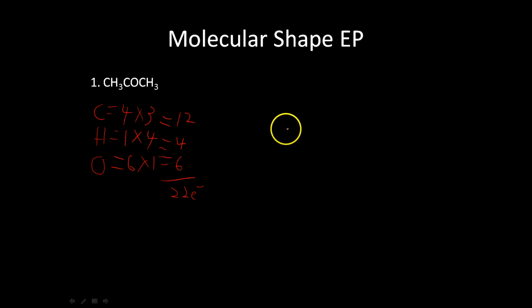Now we start drawing the Lewis structure here. Remember, the rule is that carbon will always have 4 bonds and oxygen almost always has 2 bonds. So looking at this, we see that carbon's bonded to 3 hydrogens, which is bonded to another carbon, which looks like it's bonded to an oxygen and another carbon. So the oxygen goes like this, the carbon goes like that.